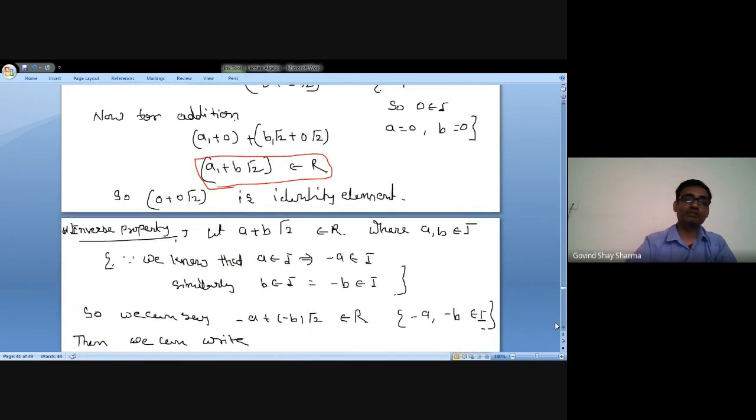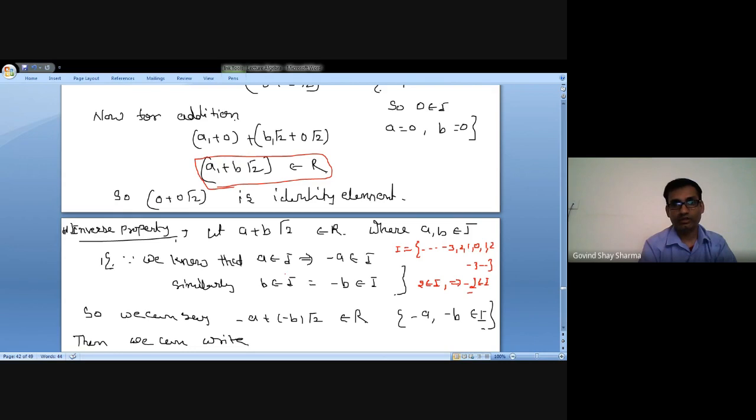The inverse element: a plus b root 2, where a belongs to I and b belongs to I. We know that I, the set of integers, goes from minus infinity to infinity. So if 2 belongs to I, then minus 2 also belongs.